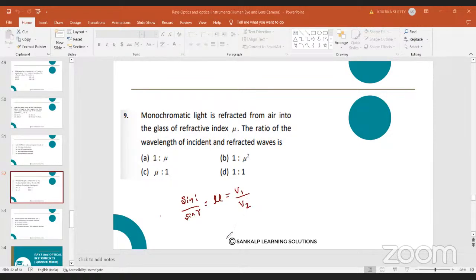We can also write this equation in terms of lambda: lambda 1 divided by lambda 2 is equal to v1 by v2. So v1 by v2, what do we know? We know it is mu, so it is nothing but mu by 1. Therefore it will be option C or option A. Correct? Yes, so option C comes, option A does not come.